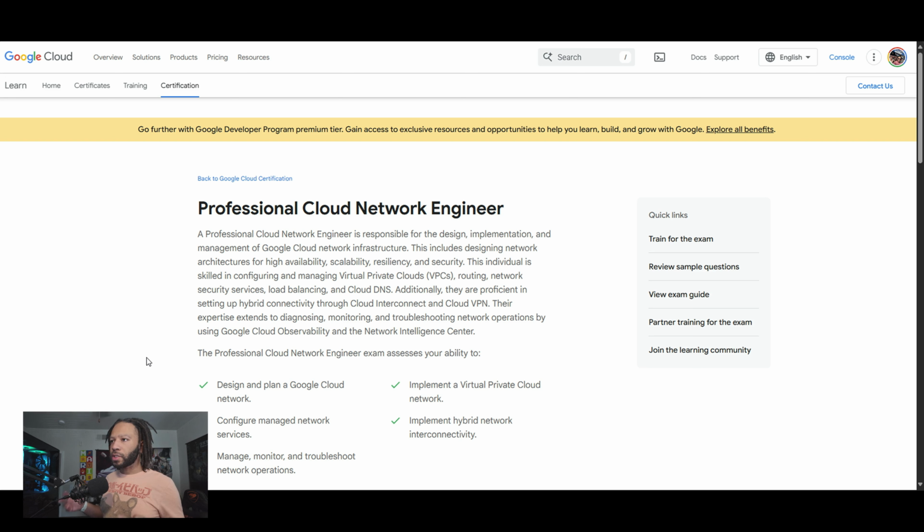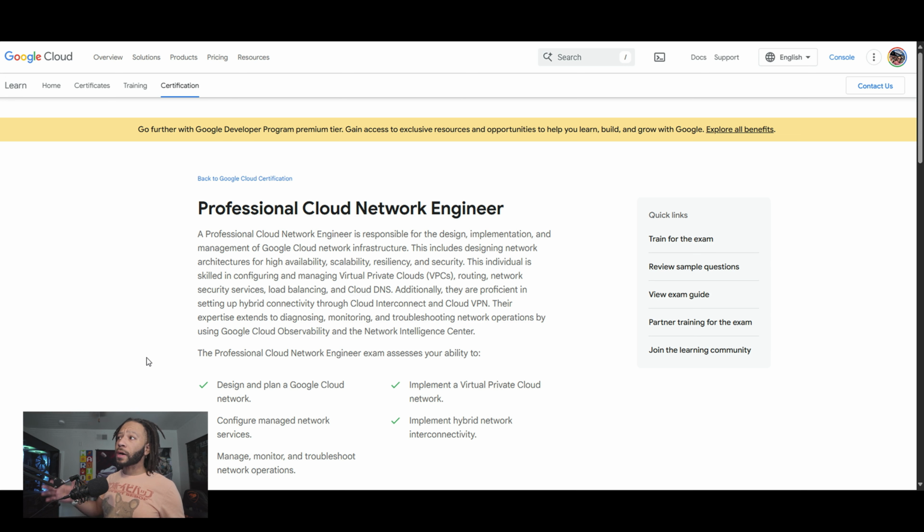All right, so this certification that I'm going to talk about here, I think is optional, but it would be a nice complement, right? And the reason why I say that is because networking is foundational and fundamental for security, period. But in the cloud, as a cloud security engineer, it's always good to understand how networking works within your cloud service provider.